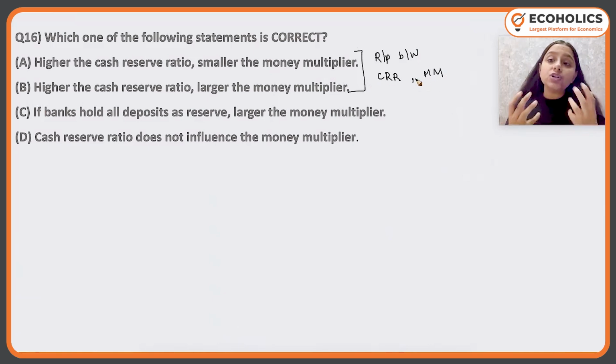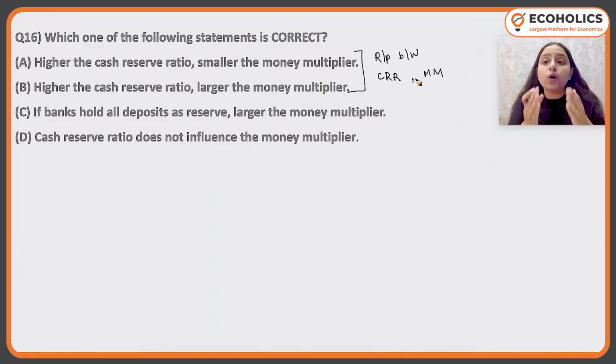So what is a cash reserve ratio? As you all know, cash reserve ratio means how much cash a commercial bank, when they receive deposits, has to keep with themselves, so that the remaining money can be lent out to the borrower, somebody who is visiting the bank for borrowing money.